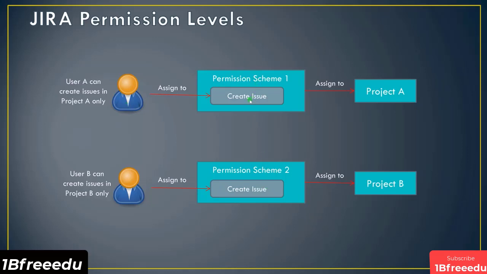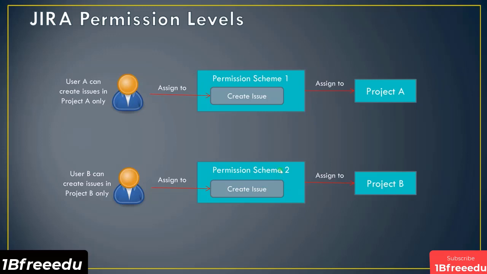For example, in the first permission scheme, for the create issue action, you would assign user A to that action, and for permission scheme 2, you would assign user B to the create issue action. And then you would assign permission scheme 1 to project A, and permission scheme 2 to project B.